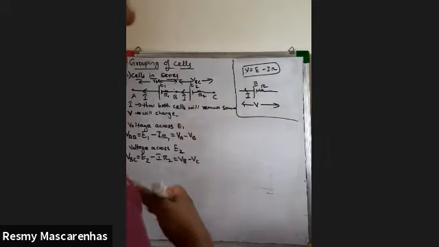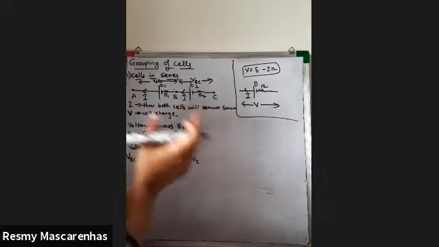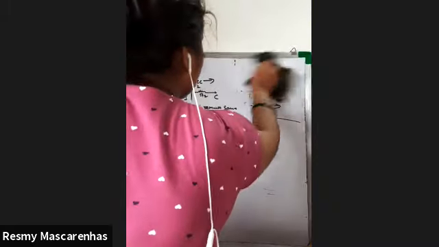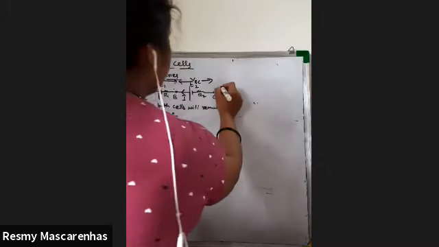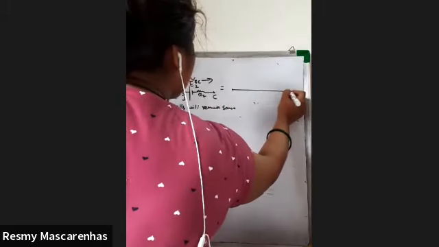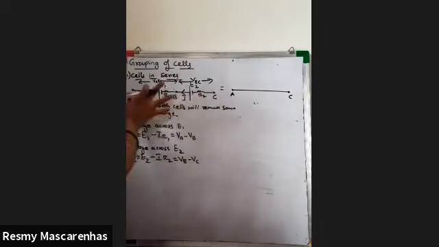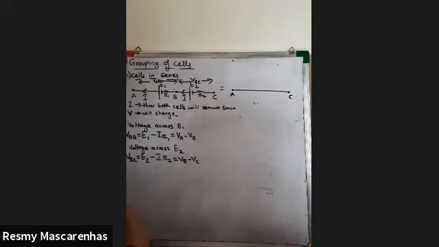Basically, what are we doing here? When two cells are connected in series, we combine them into one cell. So this diagram, after solving, should be like this. Across A and across point C, there are two cells connected in series.